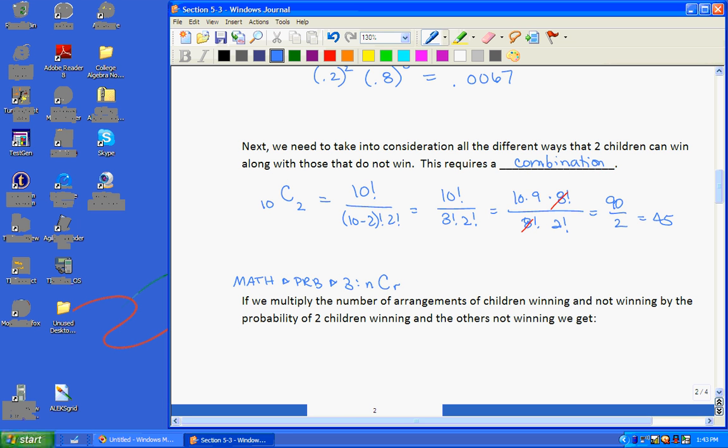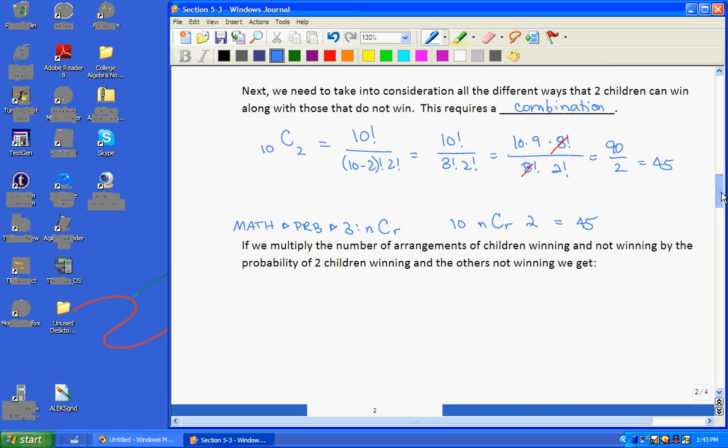And recall to enter it, you type your 10 into your calculator first, then go get your NCR button, and then type in the 2, and you would get 45 just as well. Okay, so now we know that there are 45 different ways that two kids can win, either the first and the second, or the last 2, or the middle 2, or the second and the 8th, or any of those different combinations. There's 45 ways that that can happen.